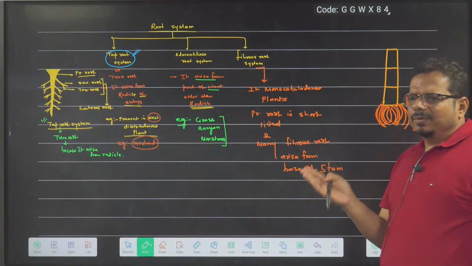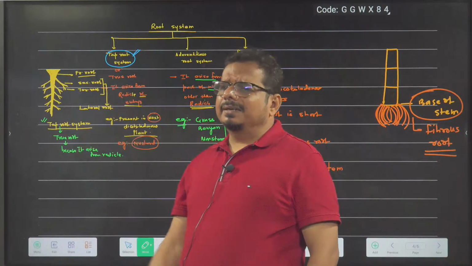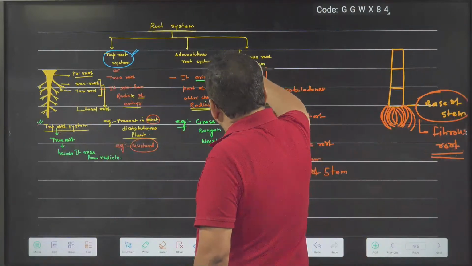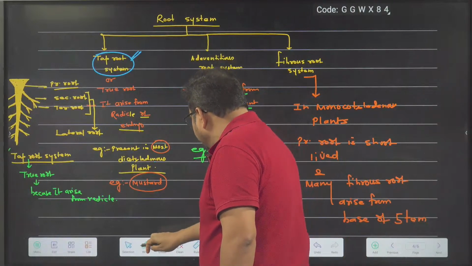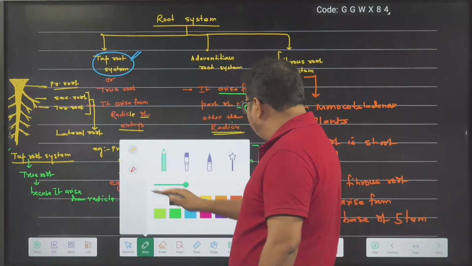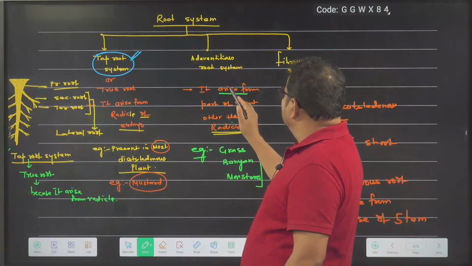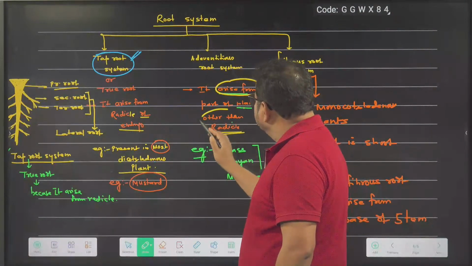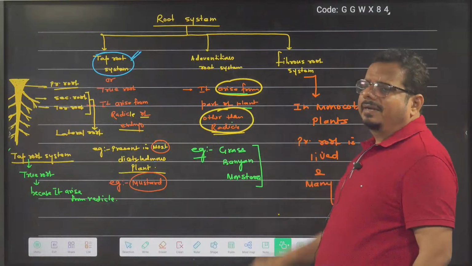So it is arising from other than radical. According to definition, is it fitting in taproot or adventitious root? What I wrote as the definition of adventitious root: it arises from part of plant other than radical. And fibrous root arises from other than radical.